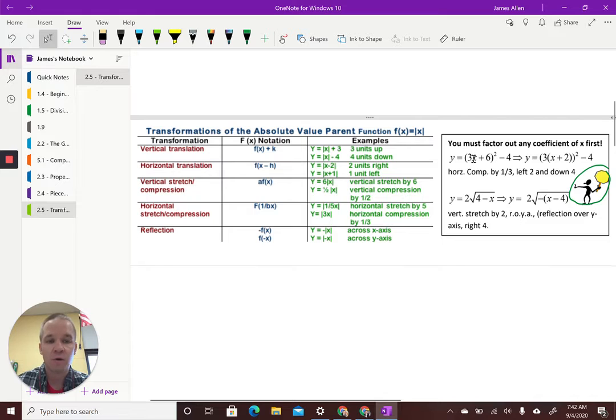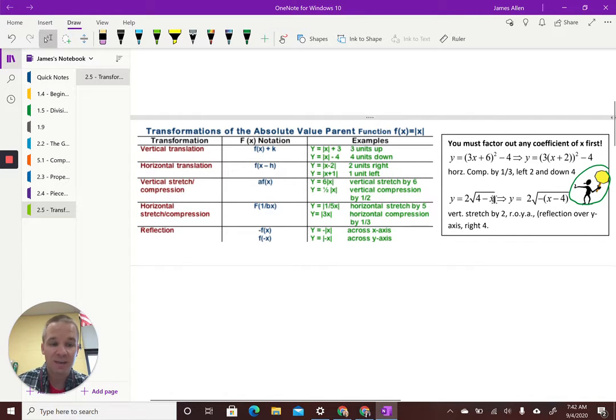I cannot have a coefficient in front of my x and be able to analyze that left-right movement. What I have to do is factor out that 3. Now I have an x plus 2. That is 2 to the left, not 6 to the left, okay? Yes, the horizontal stretch compression stays the same. This is still a compression by 1/3, but that left-right movement would be messed up if we didn't factor out that 3 first. All right, cool.